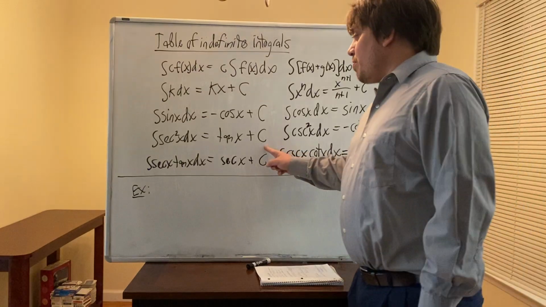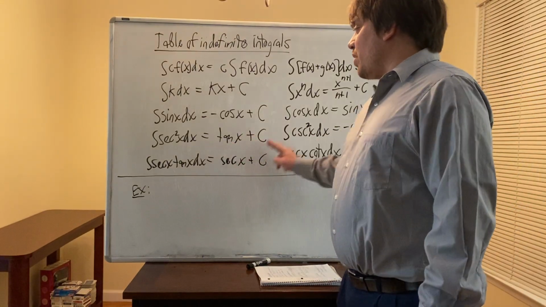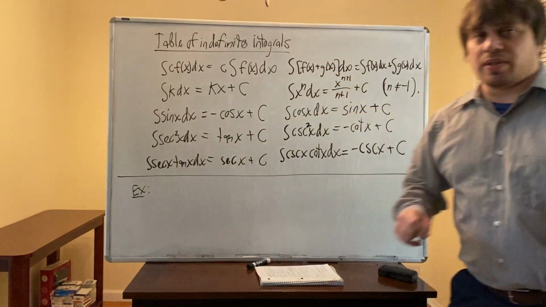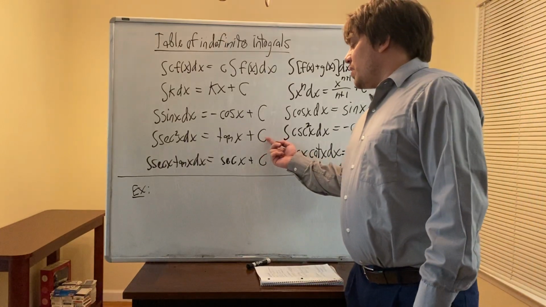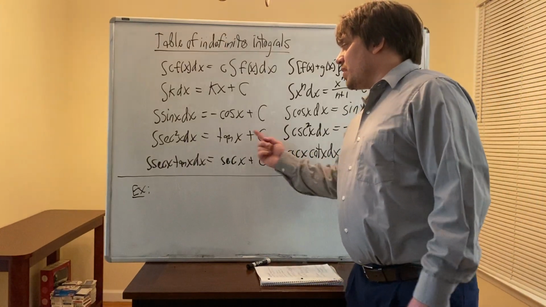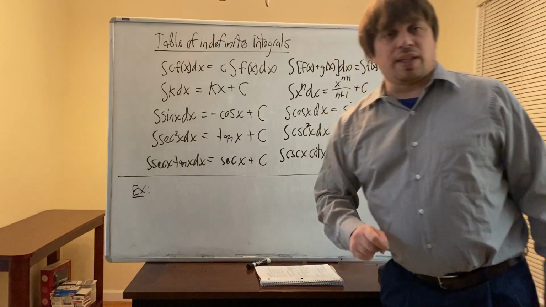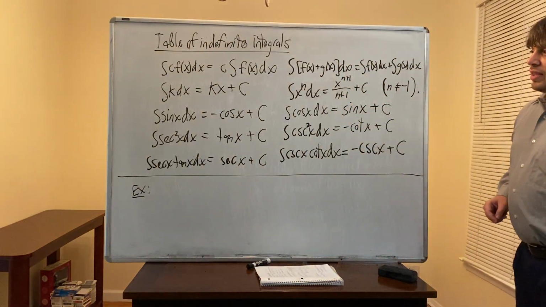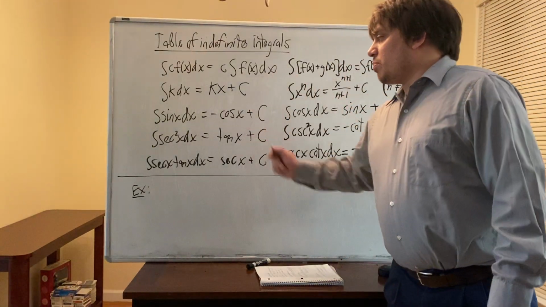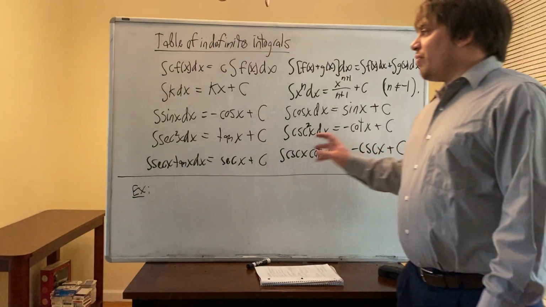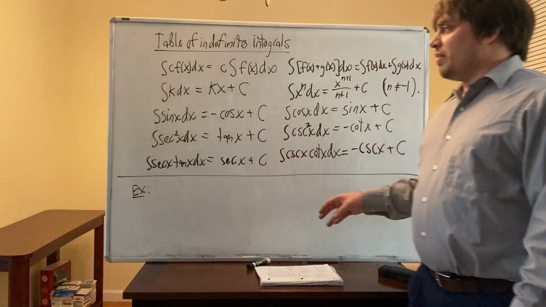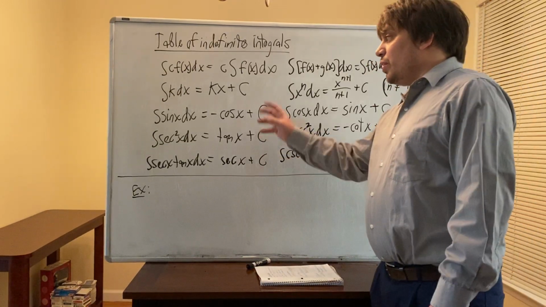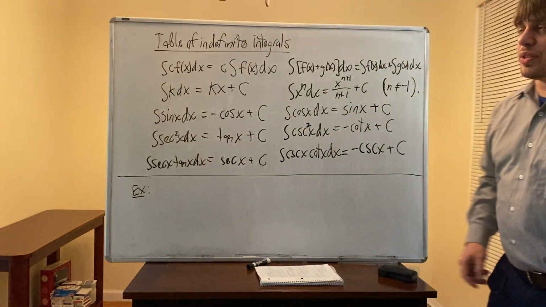If you took c equals 1,000,000, tan x plus 1,000,000 is a function whose derivative is also secant squared x. And so for any constant c you plug in here, tan x plus that constant, its derivative is secant squared x. The plus c's being added in all these places mean that you're finding a formula to represent all infinitely many functions whose derivative is the integrand function.